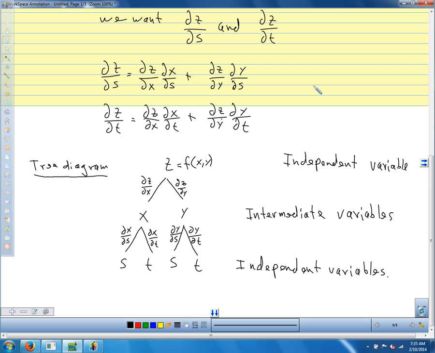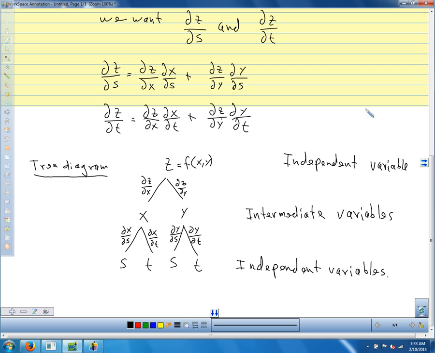We get more terms in our partial derivatives, but we follow the exact same pattern. So in general, our pattern extends. If w is a function of x, y, and z, so a 3-variable function, and x, y, and z are functions of 3 other independent variables, we would have just more terms in our partial derivative chain rule. We just extend the idea.